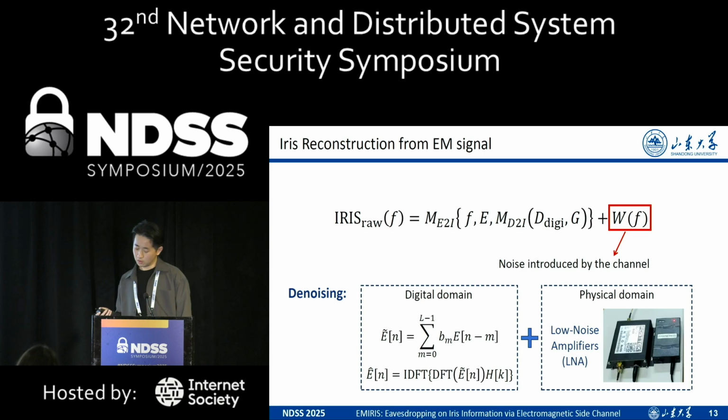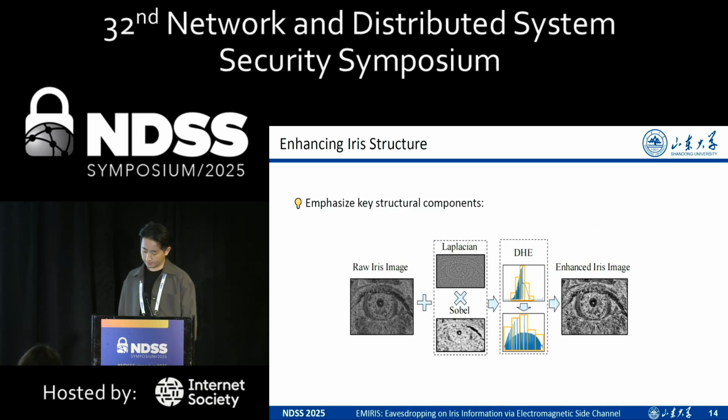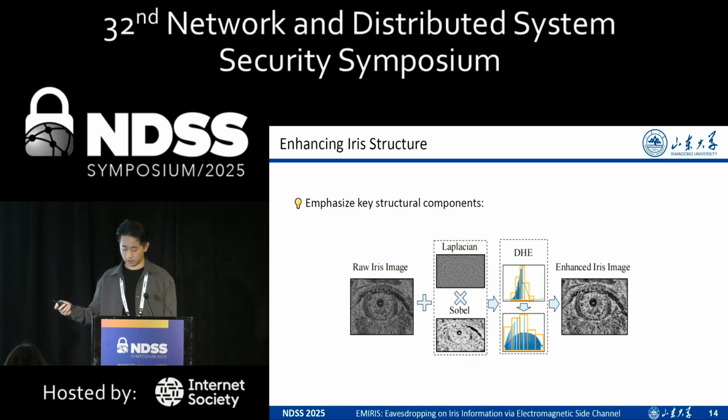In the physical domain, we use low noise amplifiers to improve the signal-to-noise ratio. And second, to further enhance iris structures, we apply some simple image processing techniques on the raw iris image. First, we use labeling and Sobel filters to highlight edges and key structures. After that, we use the dynamic histogram equalization, DHE, algorithm to enhance the contrast to highlight more details.